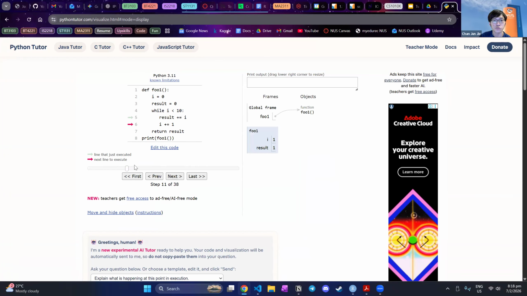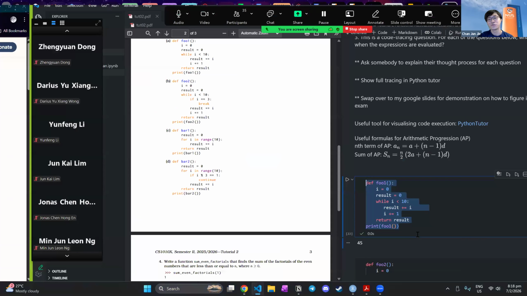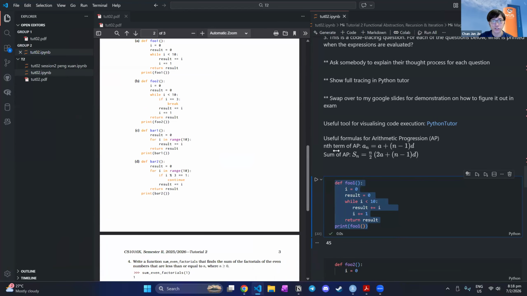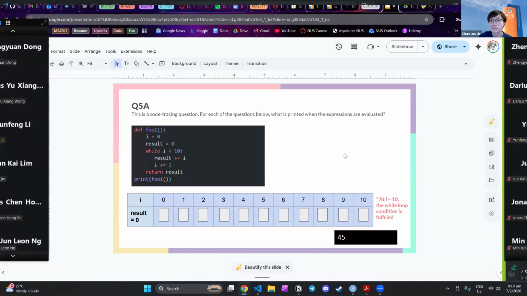You'll trace through the code and you'll see how the values of each variable change, like i, the looping variable, and the result, as we iterate through the while loop. But during the exam, you won't have access to Python Tutor, obviously. So this is how I usually do it, especially when the questions get more complicated.